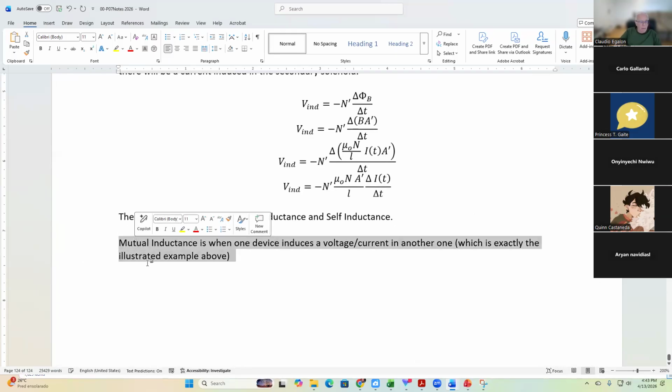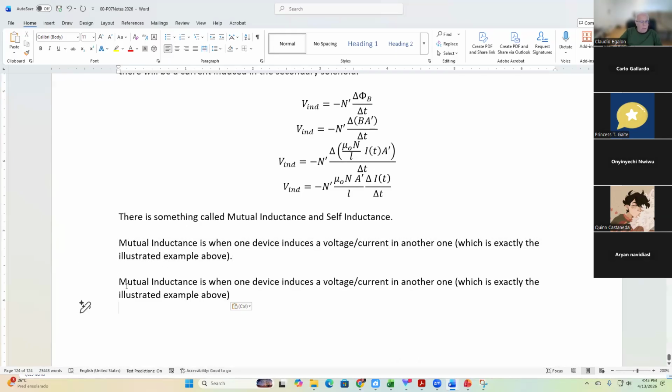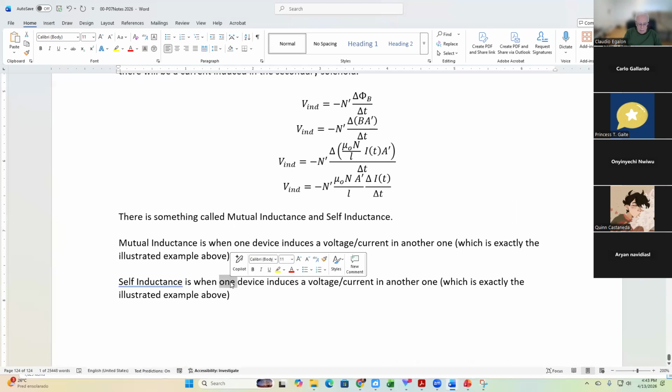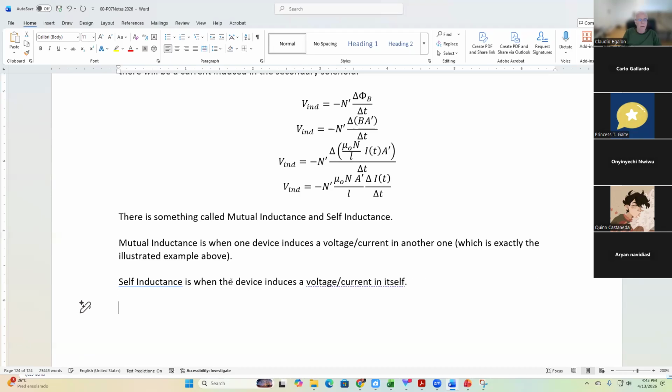Self-inductance is when the device induces a voltage current in itself. Okay. So let's talk about mutual inductance first.